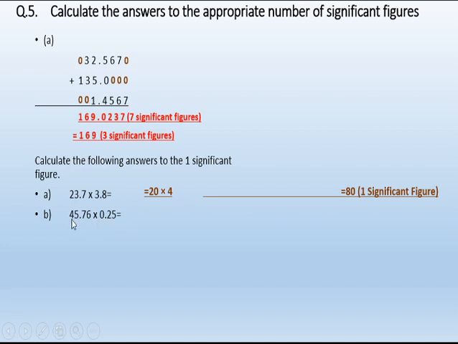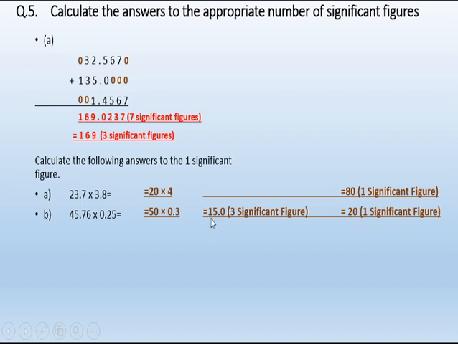So we will be keeping 45.76 as 50, and 0.25 will be considered as 0.3, converting both of the numbers to one significant figure. So 50 multiplied by 0.3 is 15.0, which is 3 significant figures, but we need one significant figure, so we'll be rounding it to 20, which is of one significant figure.